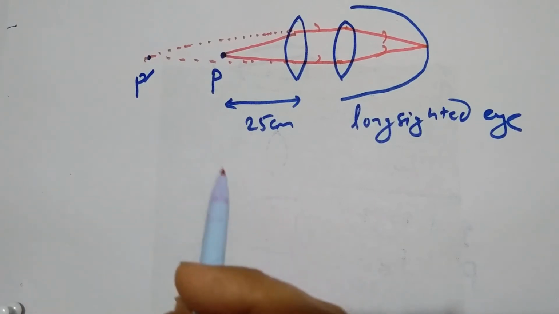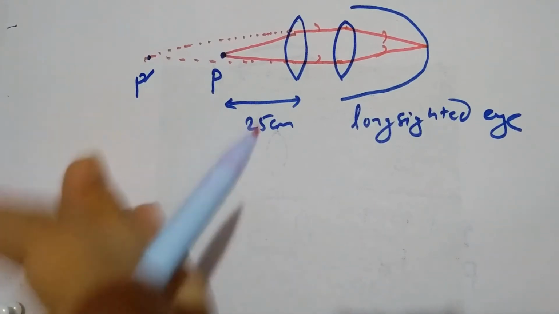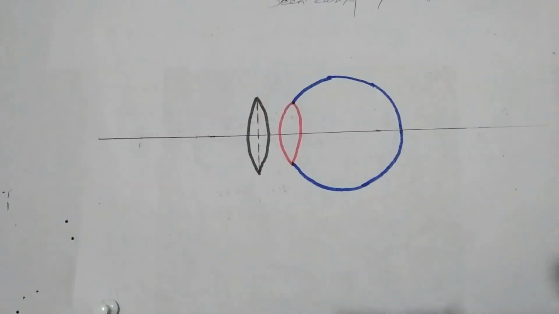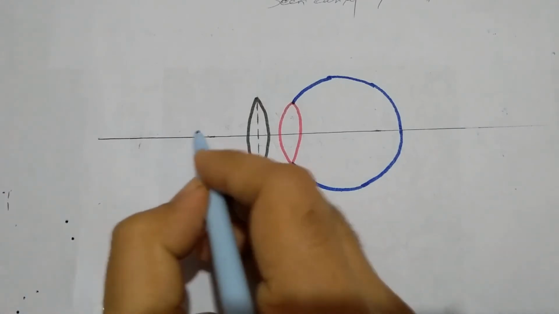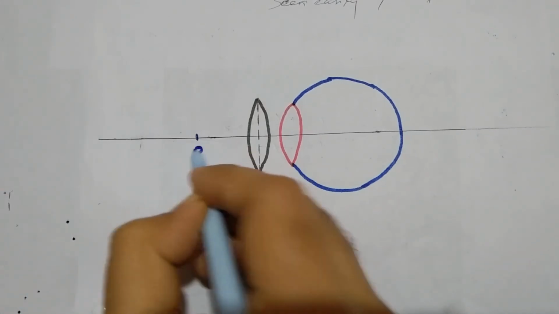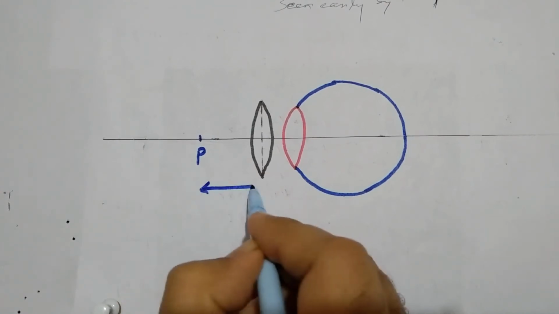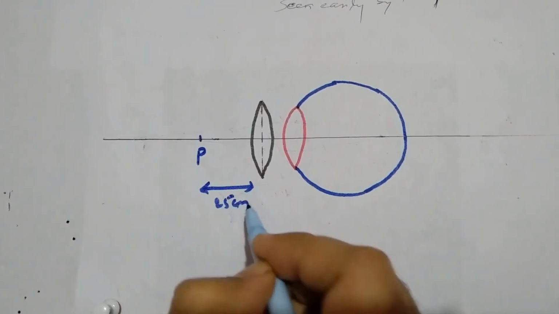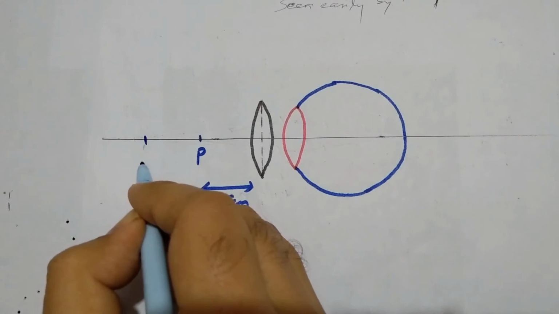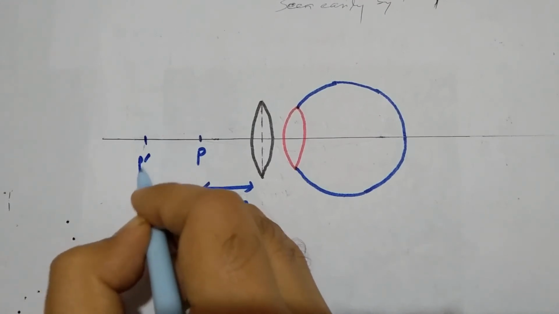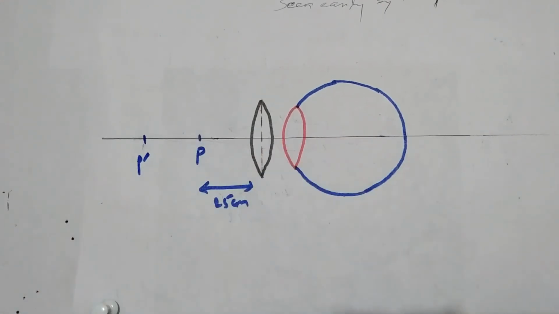Now I'll show you how the ray diagram is made. This is point P, 25 centimeter away. This is P bar, the new near point of this long-sighted eye.